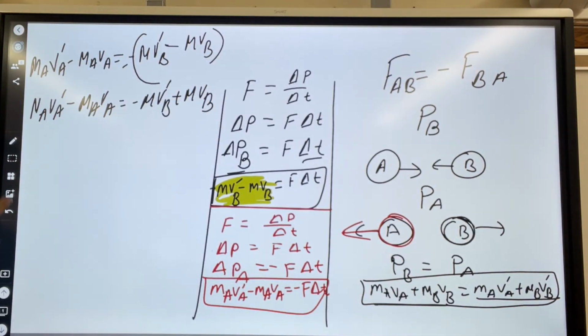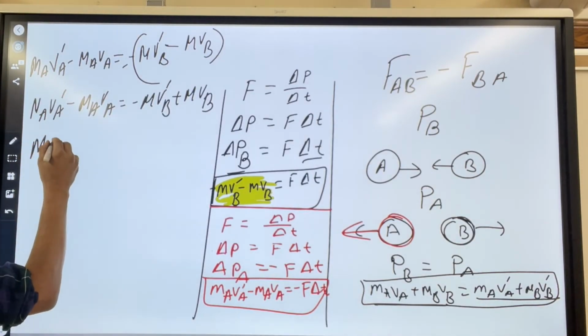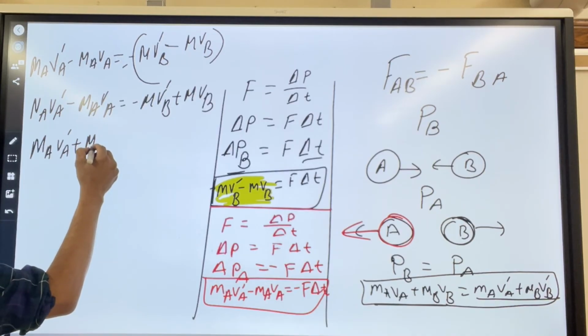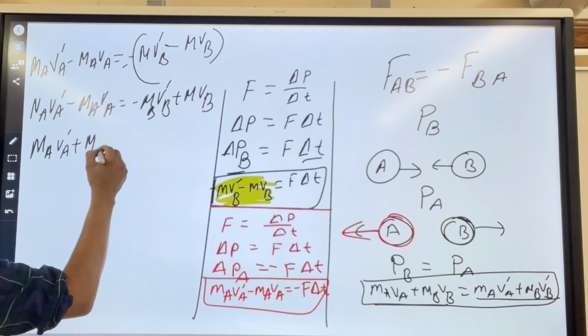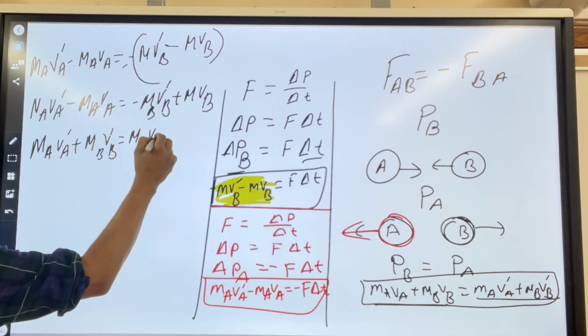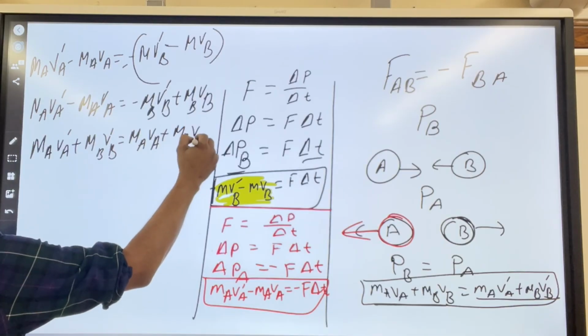Okay, so you're almost done. So you have mass A v_A' plus mass B v_B' is equal to mass A v_A plus mass B v_B, right?